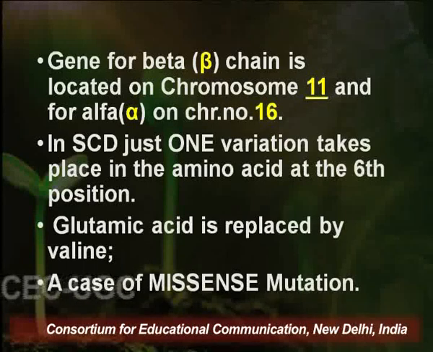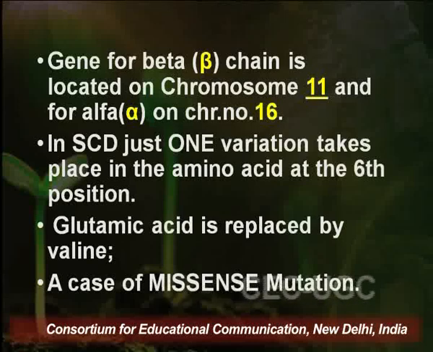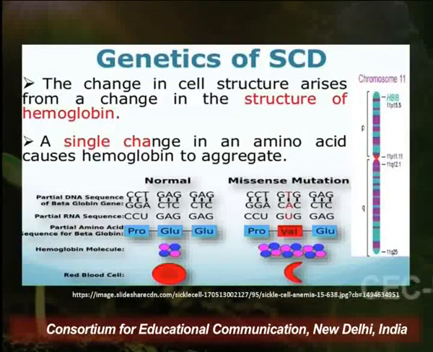And it is just a case of transversion or a missense mutation. As you would see on the screen, we have the 11th chromosome, and one of the chains, in the 6th position, was to code for glutamic acid, and the sequence was GAG.